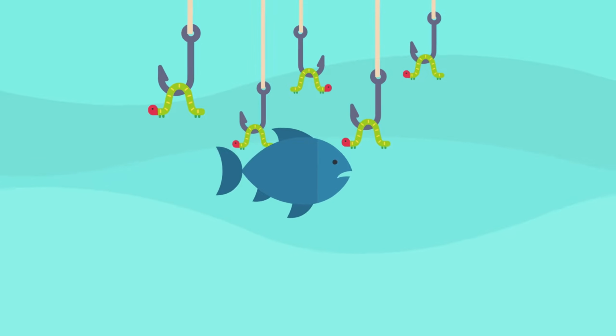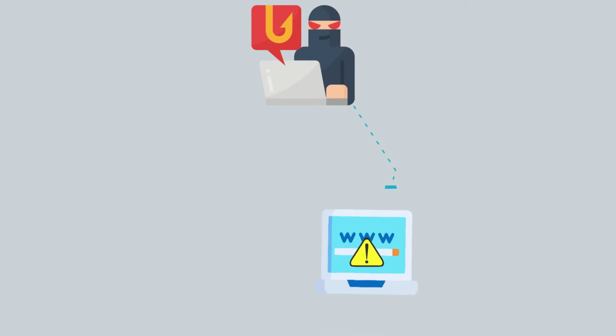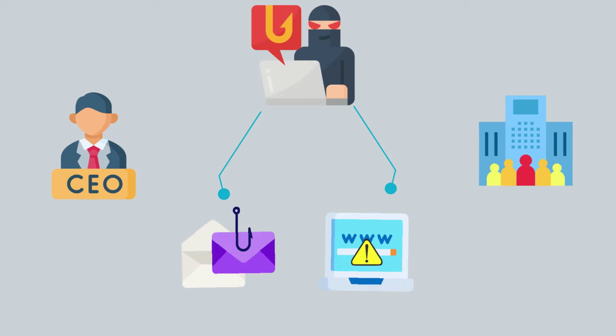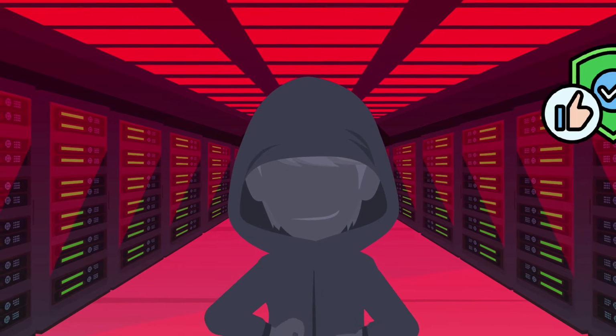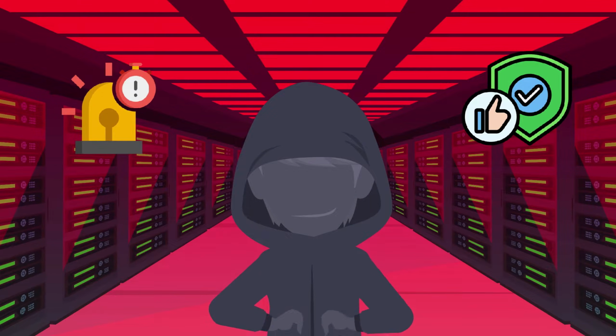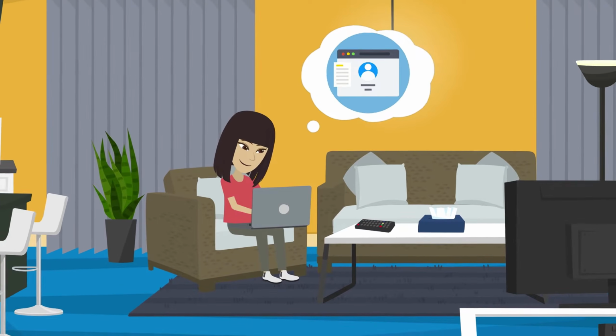Just like how fishermen use bait to capture fish. Phishing involves sending fraudulent links or emails pretending to be a trusted source, like a CEO or well-known company. These messages are designed to look completely legit and are created with a sense of urgency or intimidation. This can trick victims into revealing sensitive information fast.